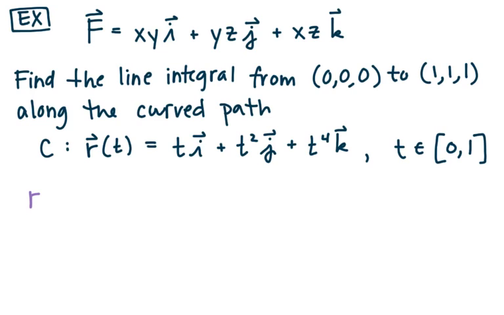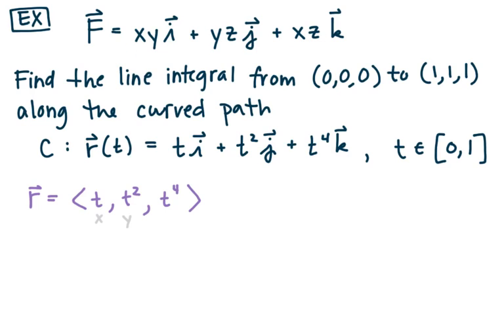So a couple of things. R, we could write that shorthand. We've got our x component t, our y component t squared, and our z component t to the fourth, or as defined, g of t, h of t, k of t. And then we have an M and an N and a P up here.